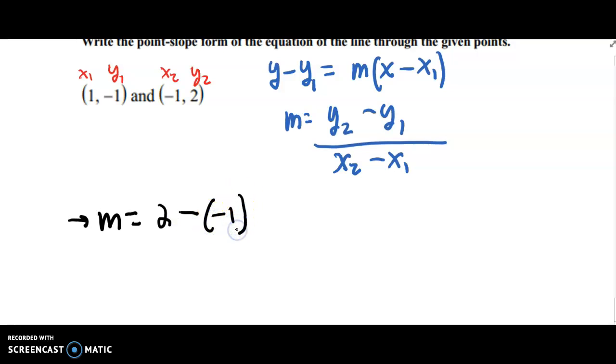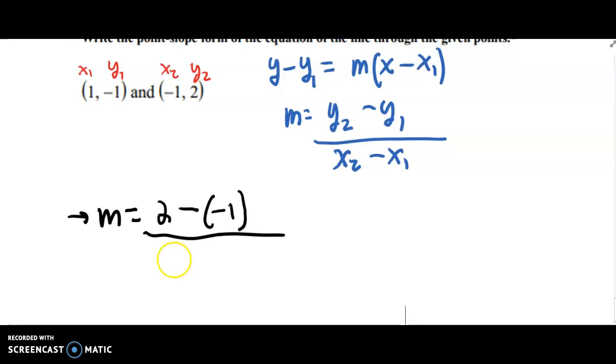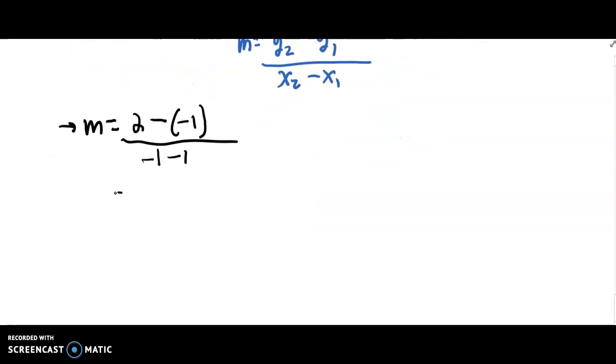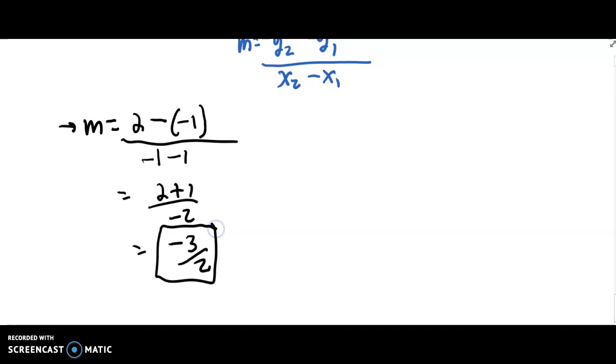Always move nice and slow here so you can catch things like these double negatives. And then in our denominator, we have negative 1 minus 1. Okay, we're going to get 2 plus 1 over negative 2. So our slope is negative 3 halves.